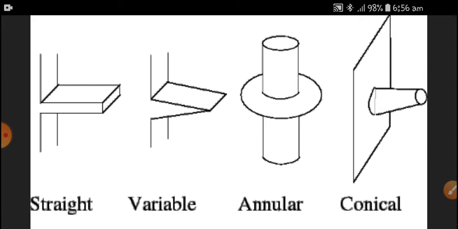We know that the Biot number is hL by k, hL by k. So these things we have to know well. And the Biot number is for solid surfaces like fins. So you have to remember these points before getting into the fins.